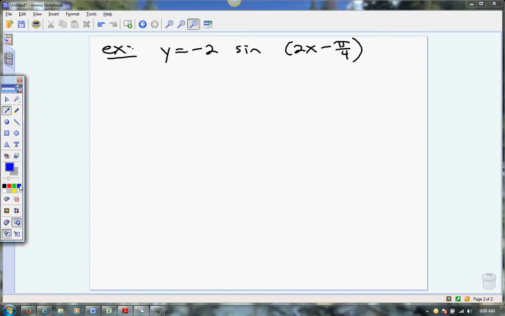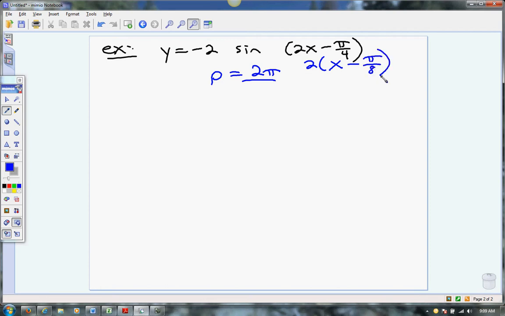My period is going to be 2 pi divided by what? Well, remember we said we factor out a 2, so this will become 2 times x minus pi eighths, because 2 times 1/8 is 1/4. So my period is going to be 2 pi divided by this 2, so my period is pi.